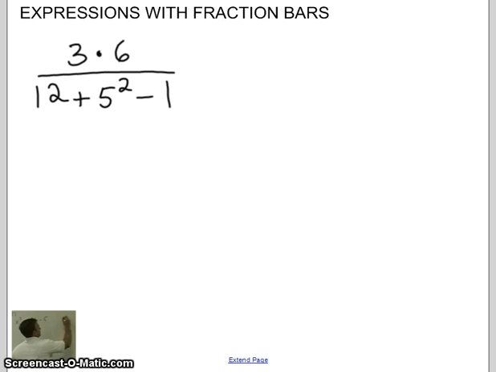When we have fraction bars, you have to do order of operations on the top and on the bottom separately, then you can divide. So I'm going to do order of operations on the top first. 3 times 6 is 18, and I'm done with the top. Now I have to work on the bottom. No parentheses.